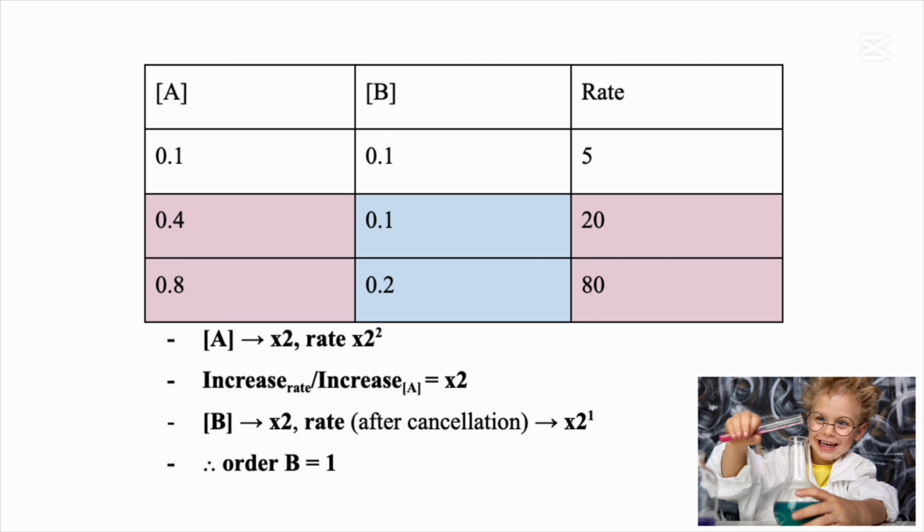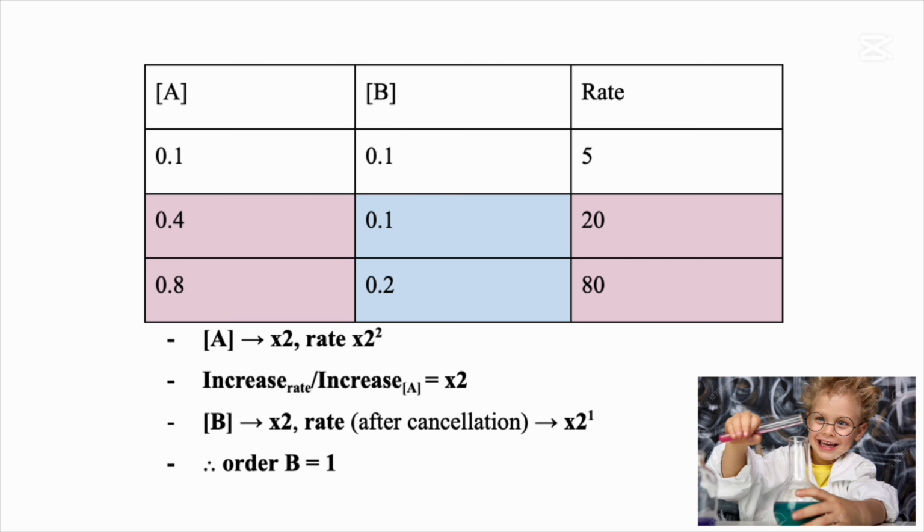So in this case, A increases by a factor of 2. Therefore, the rate will also increase by a factor of 2 because of the increase of A. So we cancel that out. Therefore, we're only left with an increase of 2, as 4 divided by 2 is equal to 2.